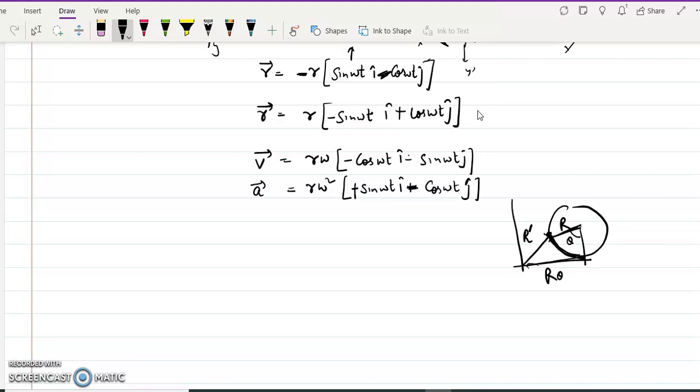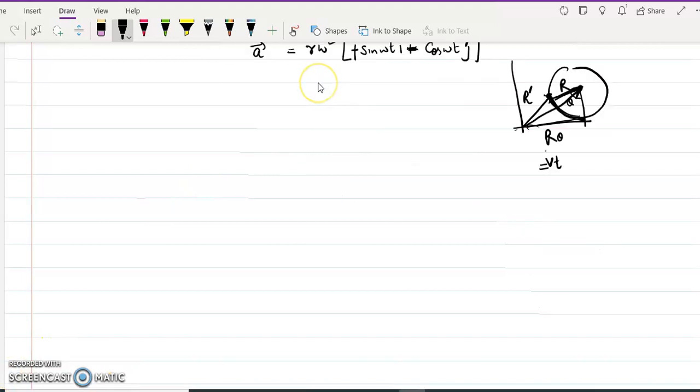It is given that the velocity is v, so the distance moved is vt. Now see how to find this r dash. This is the frame of reference at t equal to 0, and this will be the position vector of the center of the wheel. The diagram has become clumsy, so let me draw a neat diagram.